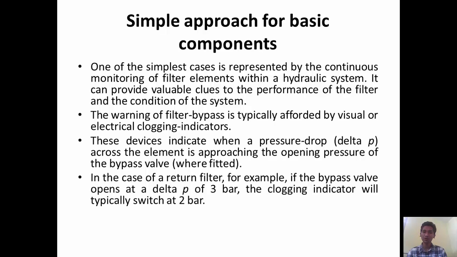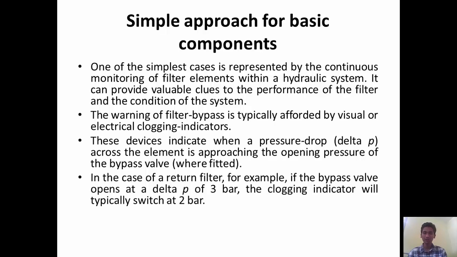It can provide a valuable clue to the performance of the filter and the condition of the system. The warning of filter bypass is typically given by a visual or electrical clogging indicator. So for the simple approach we are using the electrical clogging indicator.